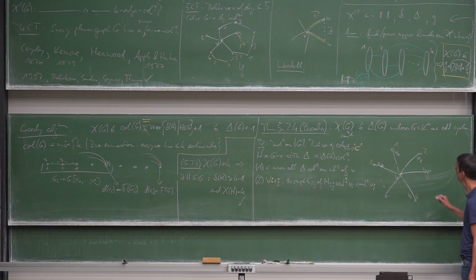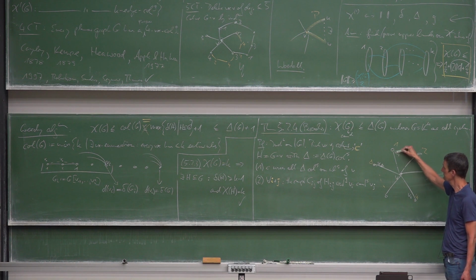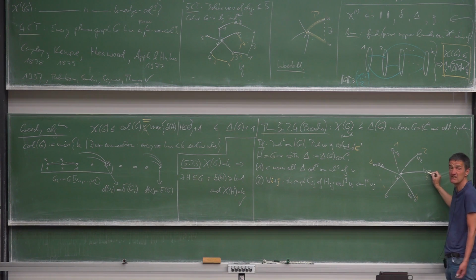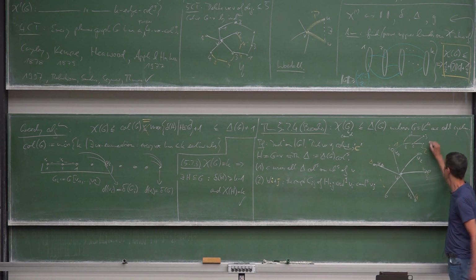Same as before. If we started at V1, say, i is 1 and j is 3, for example, whatever. So we took i, j, i, j, and so on.